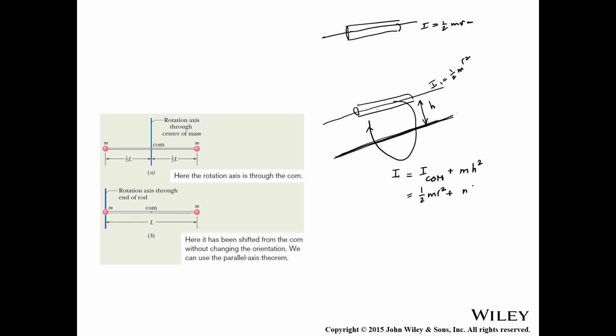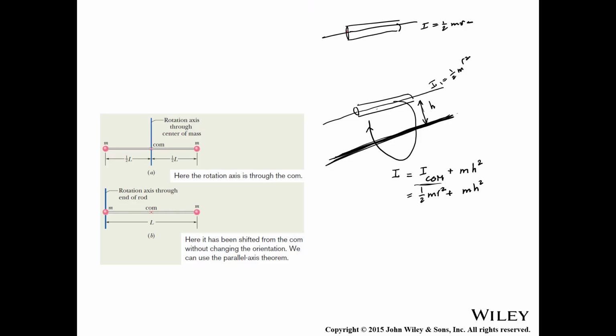I'll add h squared, where h is the distance to the axis I'm interested in. This axis is the one I'm interested in. And now I found the rotational inertia around this new axis by adding the rotational inertia for an axis passing through the center of mass plus m times the distance between these two axes. Makes more sense? Yes, Professor, thank you.